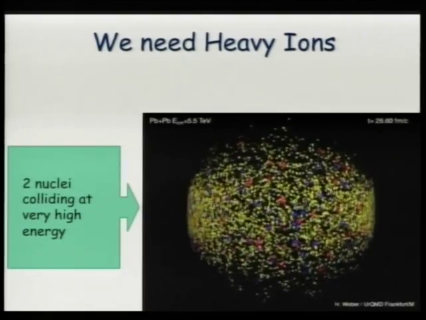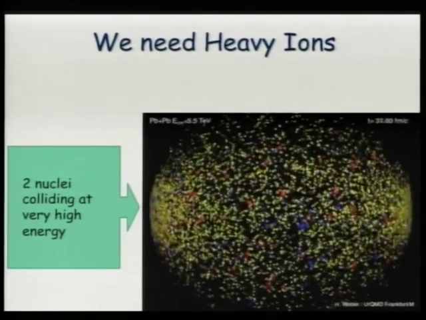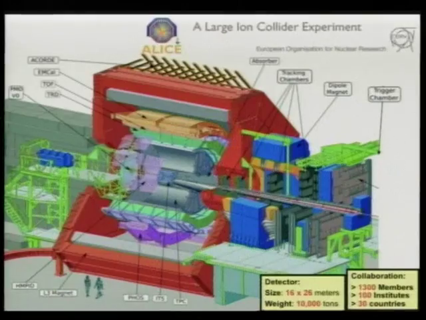Good. So now we are back to our ALICE. ALICE is not just a name; it's a nice name. I don't know if somebody among you is named Alice, but it means A Large Ion Collider Experiment, because ALICE is the only detector among the four that has been built specifically for this kind of physics.